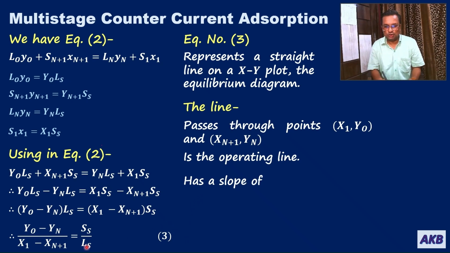It has a slope of Ss by Ls, which is positive. If you remember, the slope of the operating line in cross current operation was negative, but for the counter current operation, the slope is positive. So in this way, we get the equation for the operating line for the n stage counter current adsorption operation.